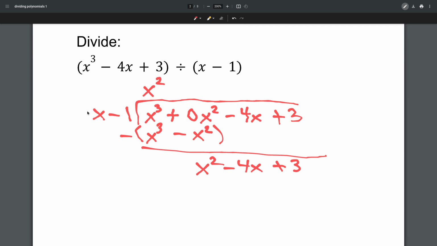Okay, we've got to think, what do I multiply x by to get x squared? Well, I multiply it by x. So x times x gives me x squared. And then x times negative 1 is minus 1x. Remember, we're subtracting this.